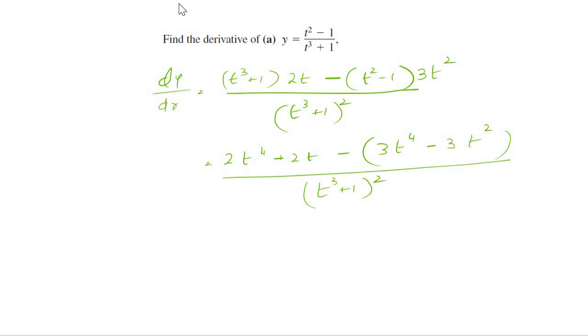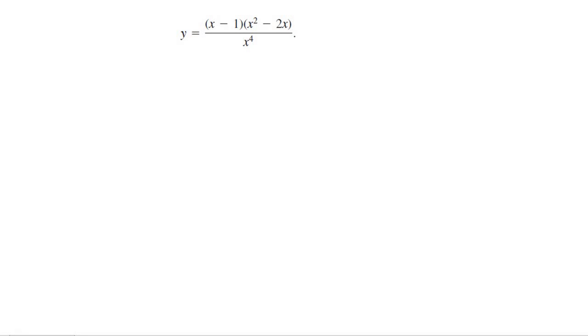And you can further simplify it. So from here we get minus t to the power 4 plus 3t squared plus 2t, and then we can also write this over t cubed plus 1 to the power 2. So that would be the answer. So if you look at this question, it looks like there is a product and a quotient.